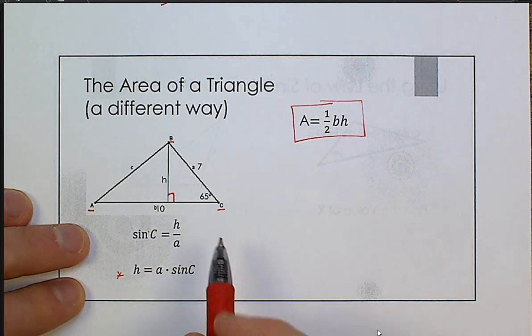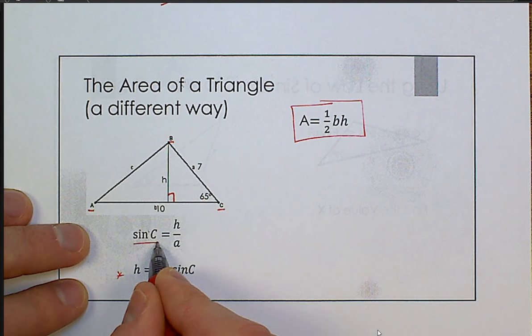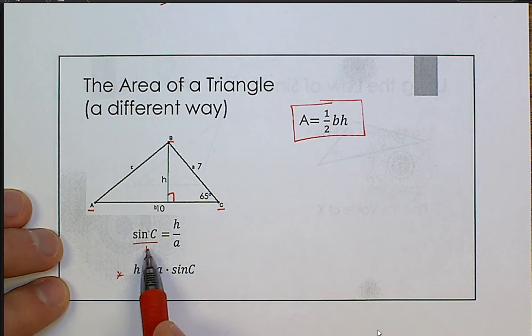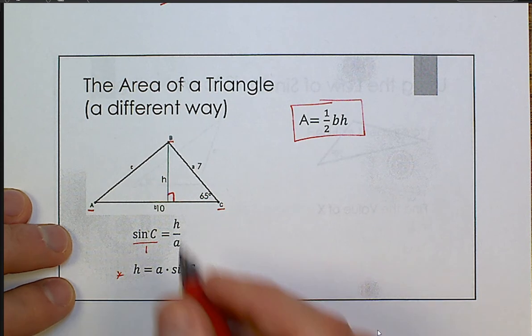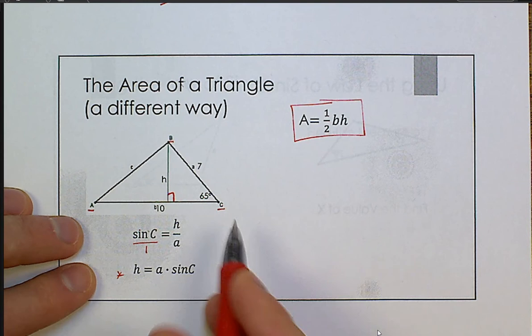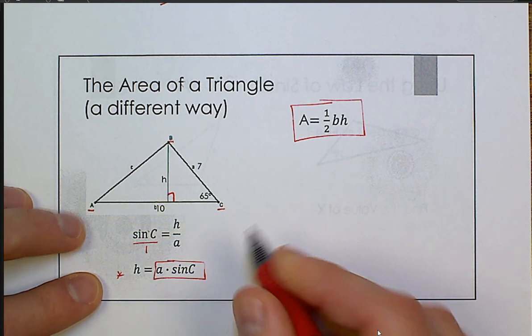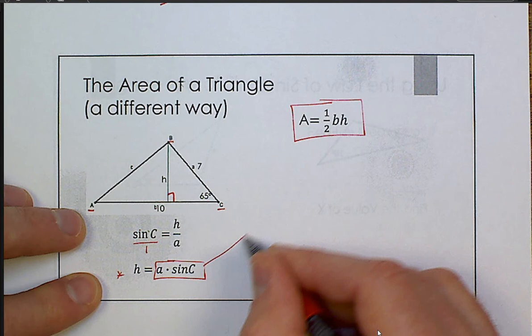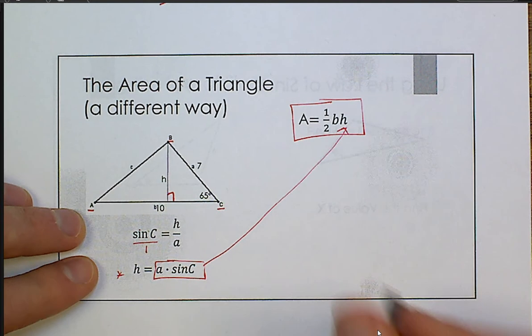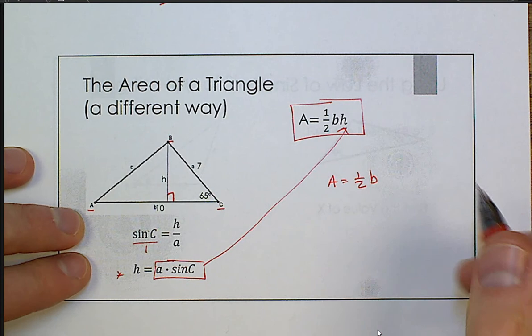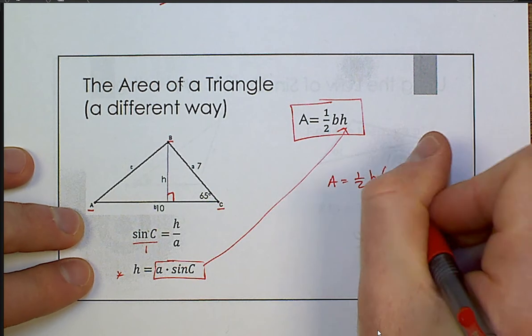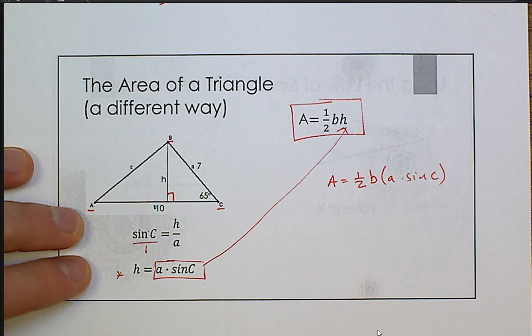If I solve this for h, h times 1 would be h, and sine of C times a is sine of C times a. Since h equals that, we use substitution and plug it in there, and we get the area equals one half b, which is the base, times a times sine of C.